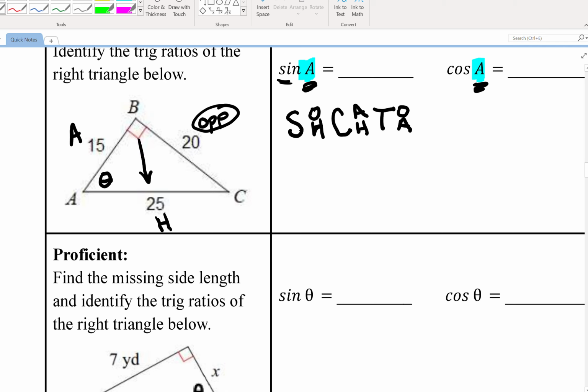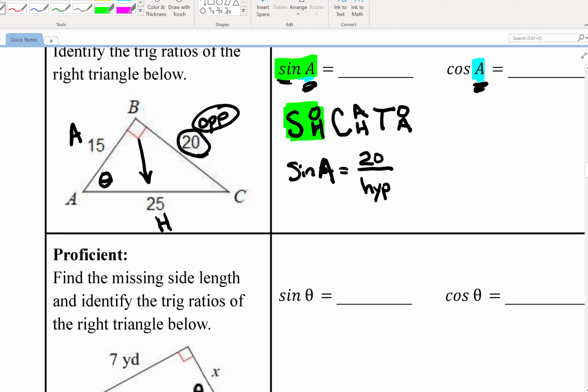So when I'm looking at the sine of A, I know from the mnemonic SOH CAH TOA that the sine of angle A is the opposite over the hypotenuse. The opposite is 20, so I would put 20 there.